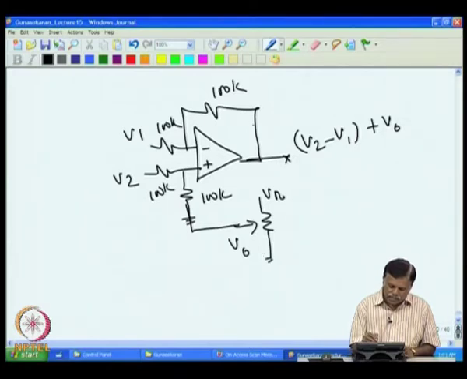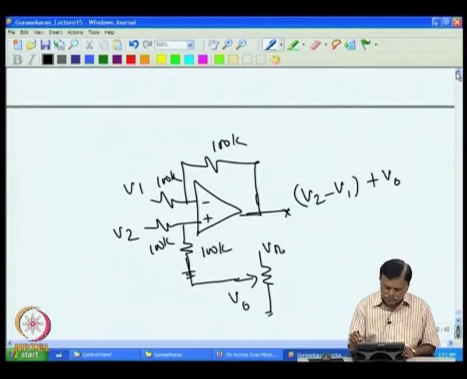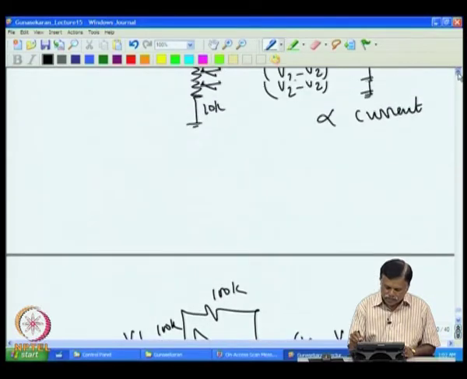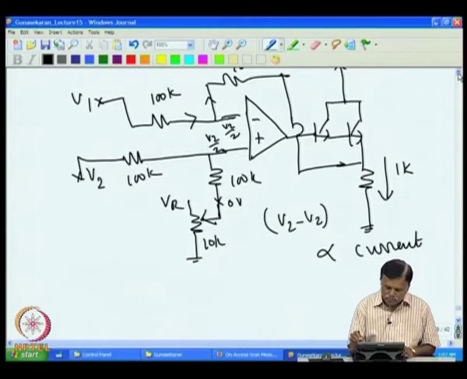Now instead of connecting it to the output, see as we did in this case, we have connected the minus terminal to this point.